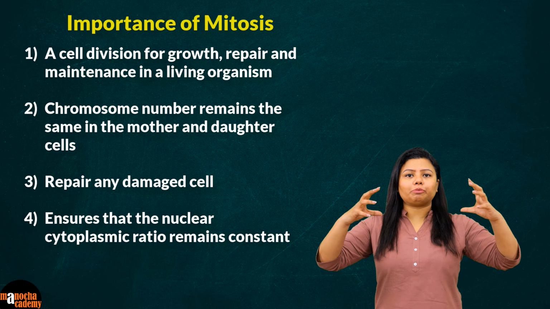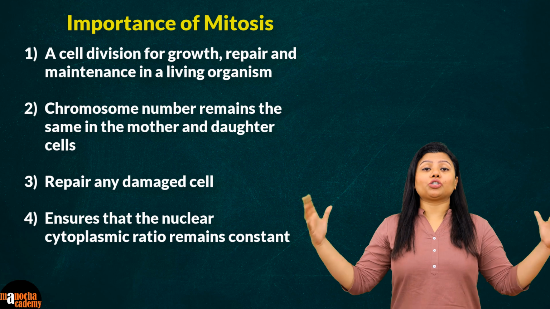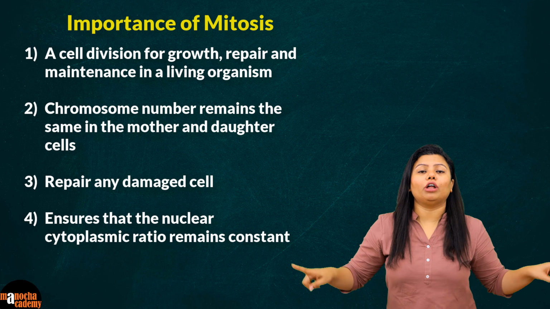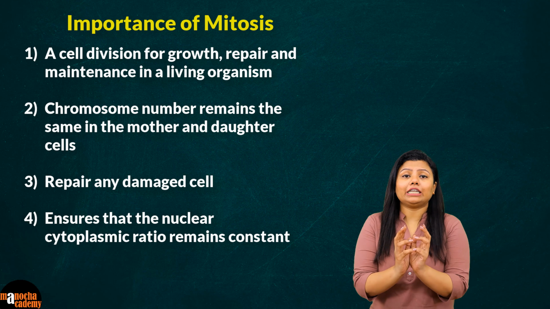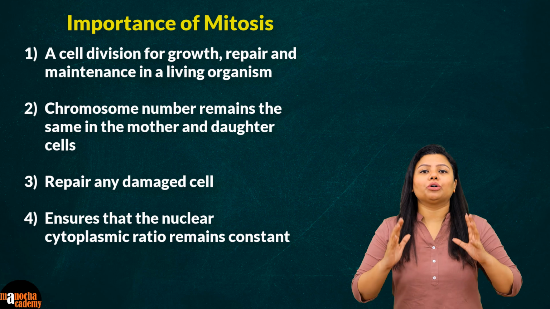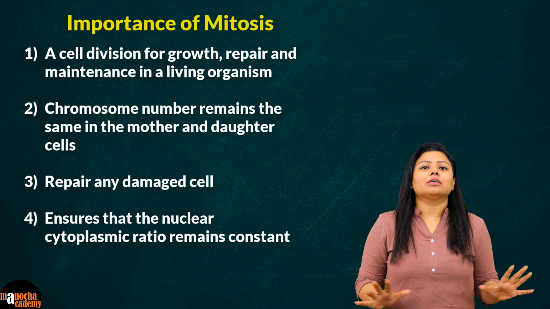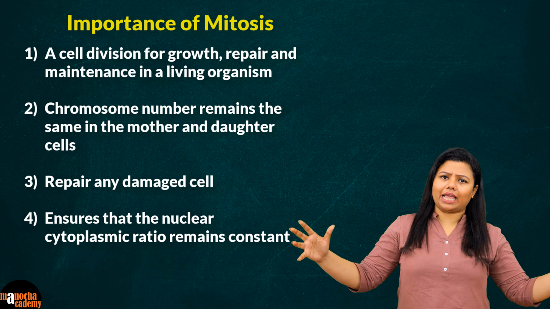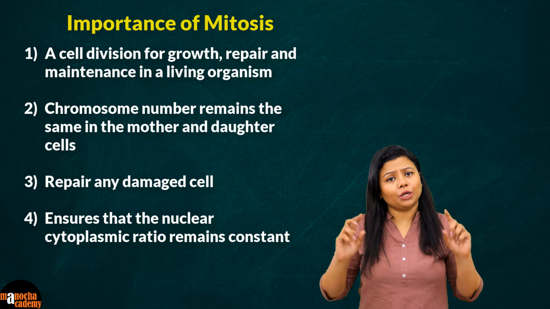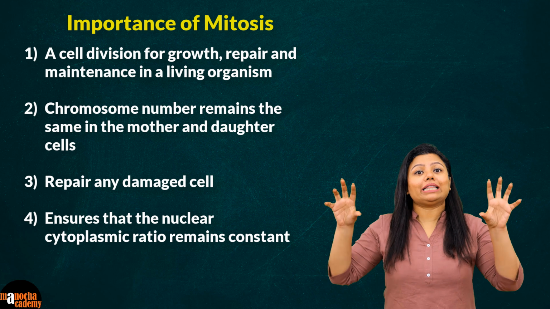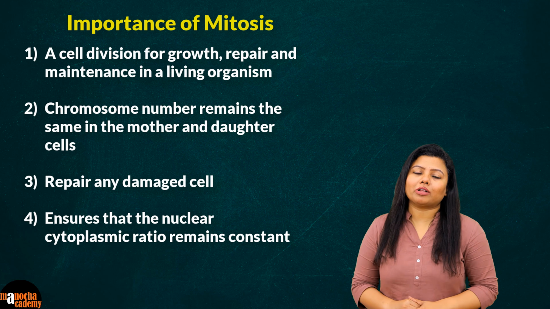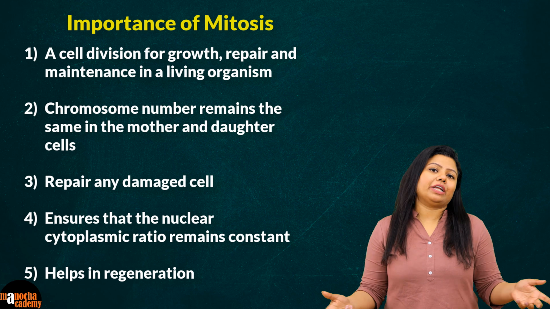So if the cell keeps on growing, so much so that the nucleus now is very small compared to the volume of the cytoplasm, that nucleus might not be able to control the entire cytoplasm. Then you might want to break down that one large cell into two small cells with two nuclei controlling that volume of cytoplasm. Mitosis is also responsible for regeneration.